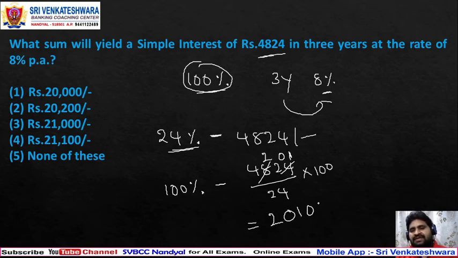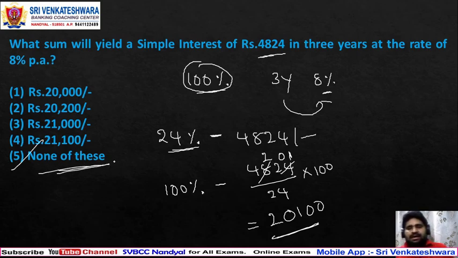If I multiply with 100, it will be 20,100. So that is the 100% value. If 24% is 4824, then 100% is 20,100. Clear? That is how you take the value, so the given interest, they're asking the sum.